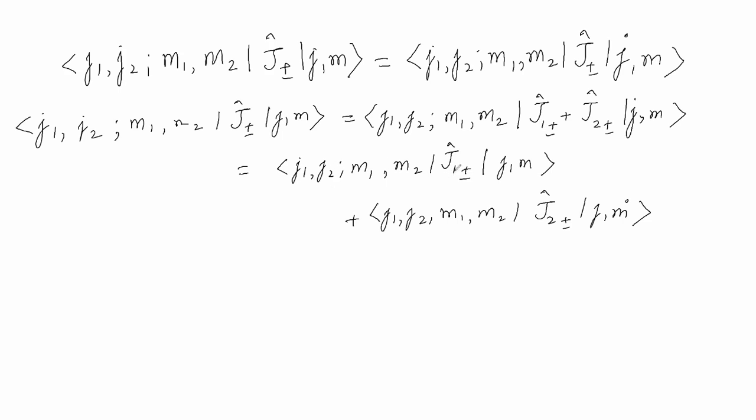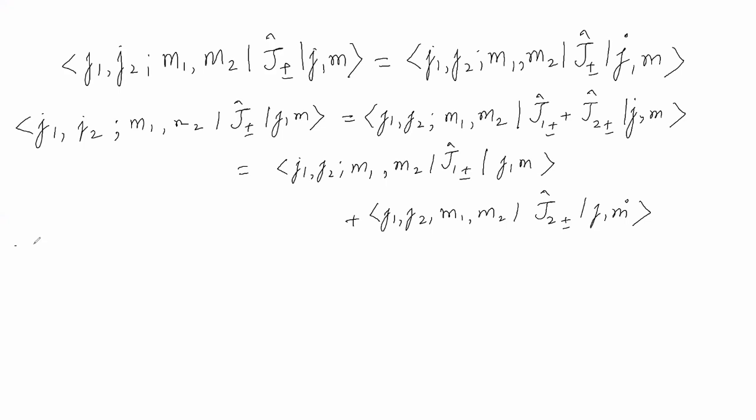But when I bring this J1 plus to operate on this, I will have to take the conjugate of that, and that would mean that this will become J1 minus while operating on ⟨J1, J2, M1, M2|, and this guy will become J1 plus. And similarly here, this will operate on this bra, this will become J2 minus, and this will become J2 plus.